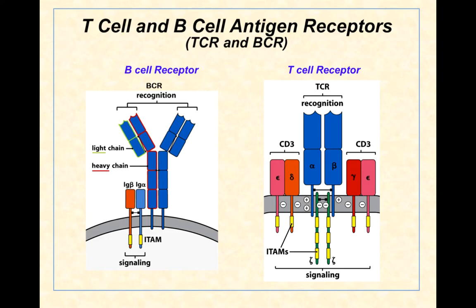But because there are literally billions of possible combinations, you're going to create binding sites that will eventually bind to virtually every possible combination of antigen out there, whether it's a polysaccharide antigen or a protein antigen. The idea is that we can randomly generate all these and use these receptors to recognize just about anything that exists. It's a really crazy thought.